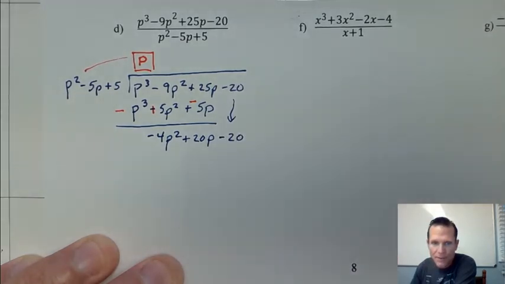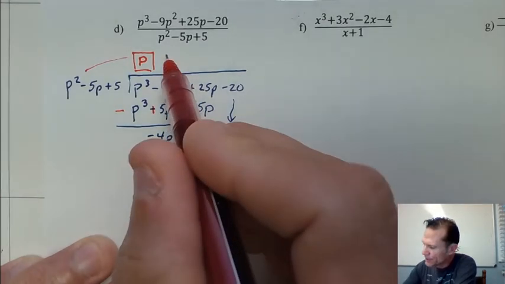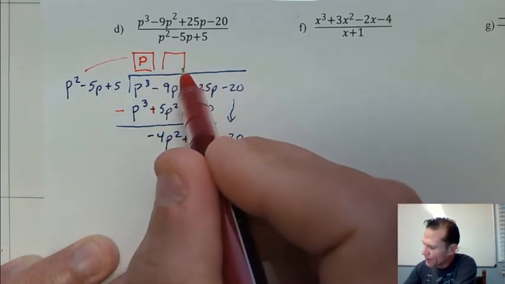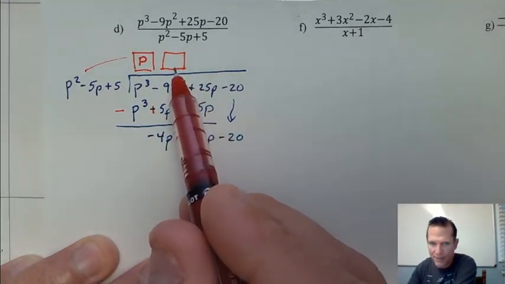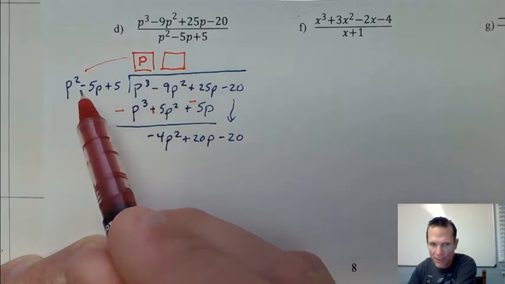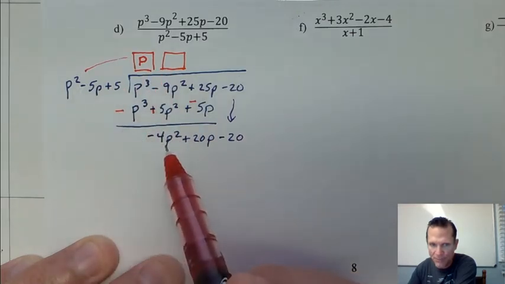And then I'm going to go up to the top and repeat the process that I just did. I generally wouldn't put this box, but when I'm starting to learn how or teach how to do this, I like to have the box there. And you think about, what could I take times p squared to get negative 4p squared?